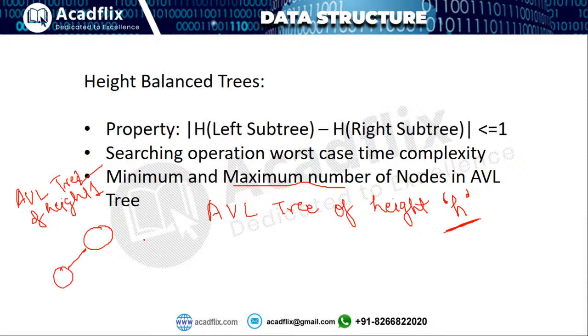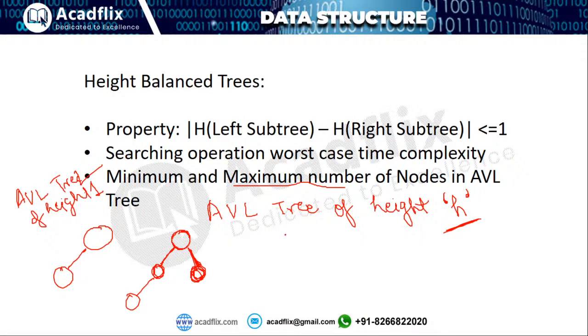Now if someone says draw an AVL tree of height 2 with the minimum number of nodes, then if I draw just this, it will actually not work, because this particular node is not balanced. So I need to balance this by drawing this particular node. Fine. So this is how my AVL tree of height 2 with the minimum number of nodes will look.